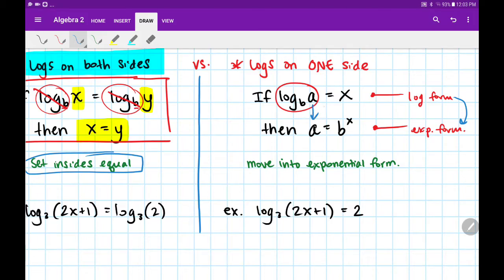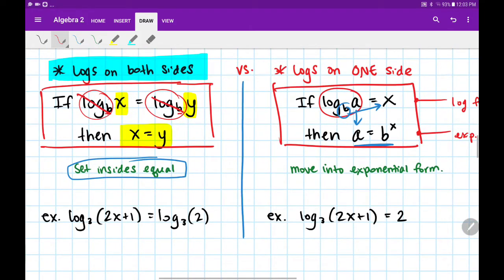So you're going to bring down the a and set it equal to b to the x power. Please keep in mind the two different types of log problems. One with logs on both sides, where you cross out the log and set your insides equal. And then one with log on just one side, in which you go from log form to exponential form.